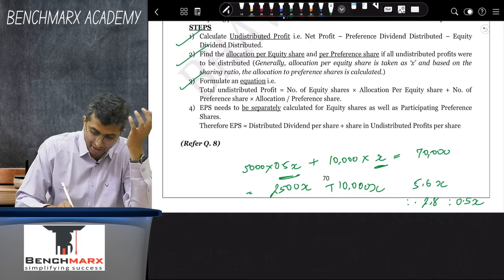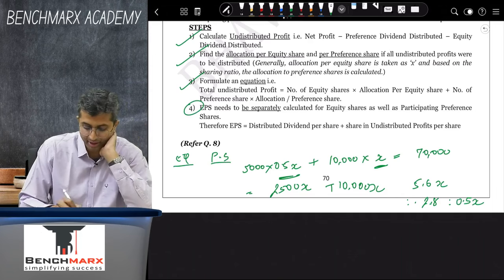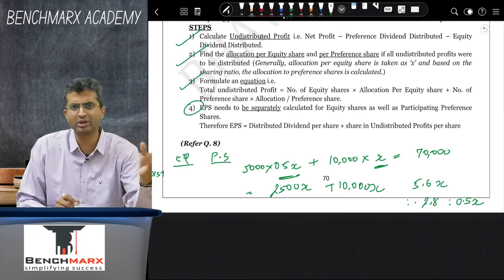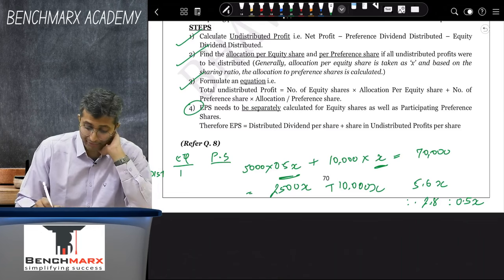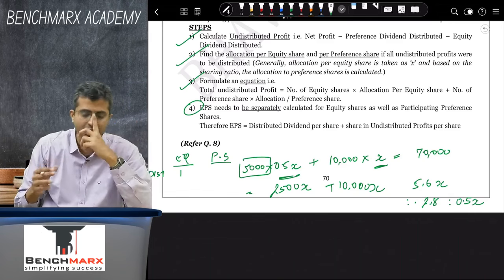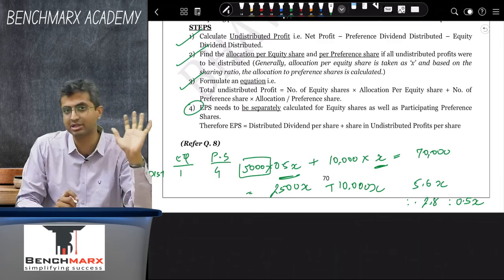So if I want to find the EPS, EPS will be calculated for the equity shares and participating preference shares separately. We will say that the amount which has been distributed, well, we have distributed 10,000 rupees to 10,000 equity shares, so the amount distributed is 1. And to the preference shares, there are 5,000 preference shares, to whom we had given 20,000, so 4 rupees was distributed to the preference shareholders. This is fixed distribution.